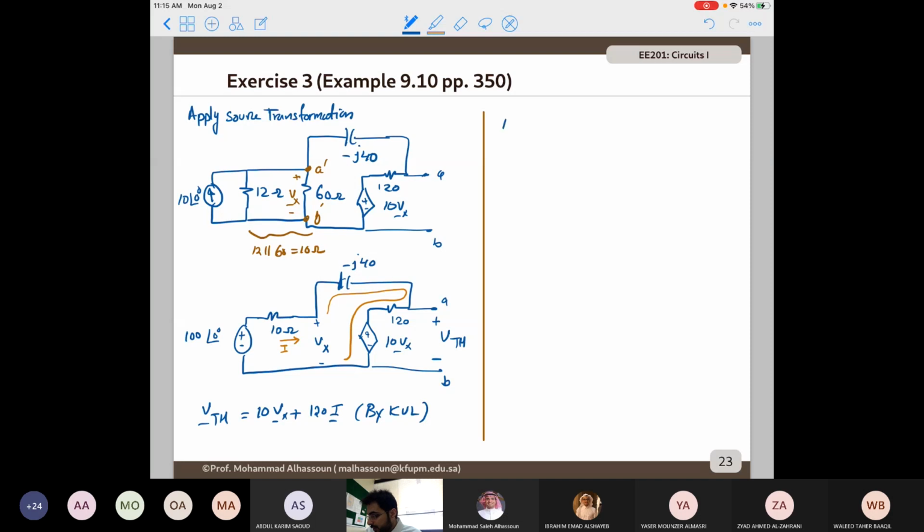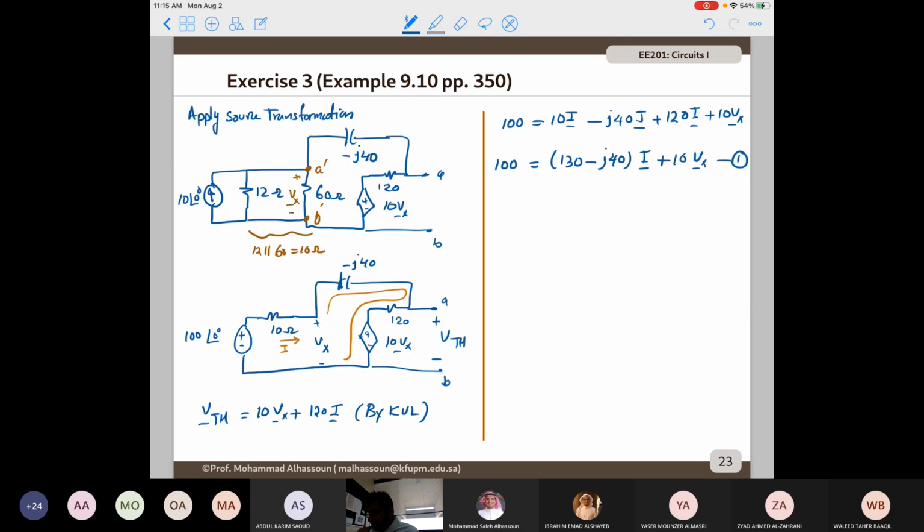So if I apply KVL, I will get 100, 10 multiplied by I, minus J40 multiplied by I, plus 120 multiplied by I, plus 10 Vx. So if I simplify it, I will end up with 130 minus J40 I plus 10 Vx.